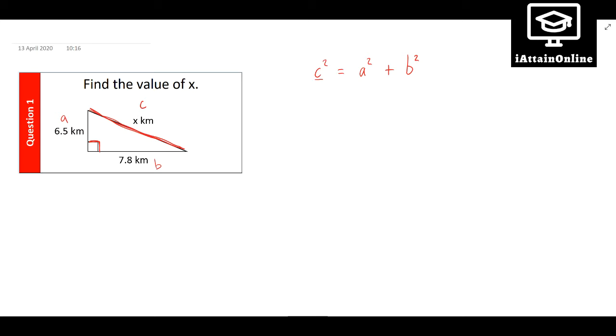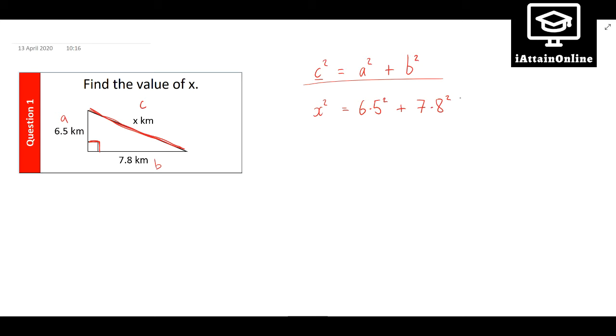Okay, now all we're going to do is substitute these values into this formula. So instead of C, we're going to use x squared is equal to whatever a squared is. So a is 6.5, so we're going to write 6.5 squared there, and then we're going to add to that whatever b squared is. Now b is 7.8, so we're going to do 7.8 squared.